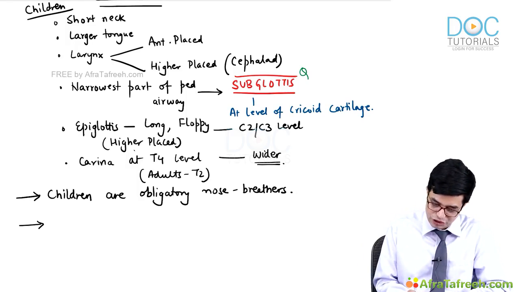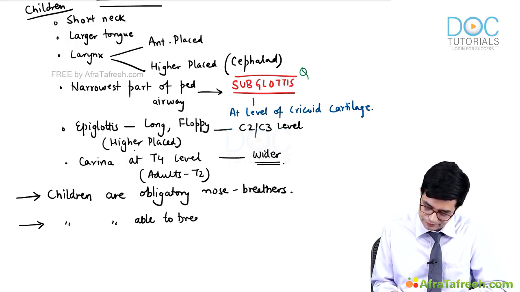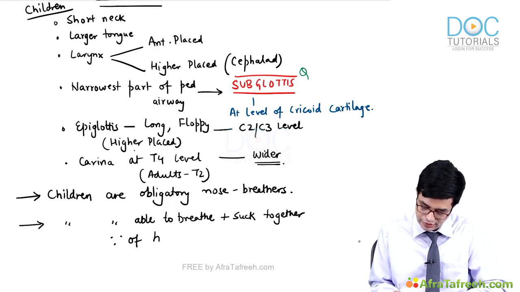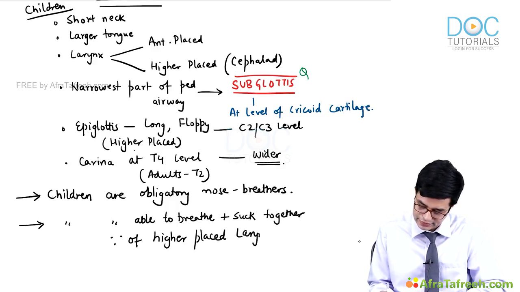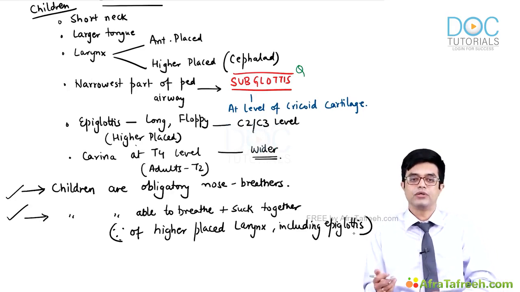So, you would write, children are able to breathe and suck together because of higher placed larynx, including the epiglottis. So these are the two MCQ points you can add to your notes.